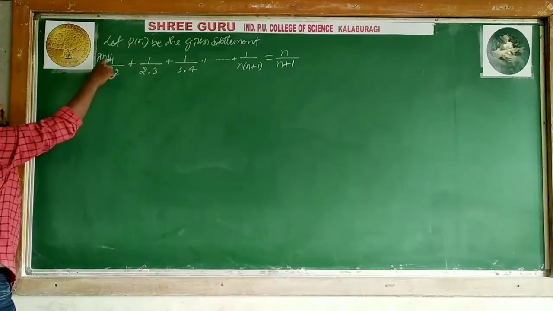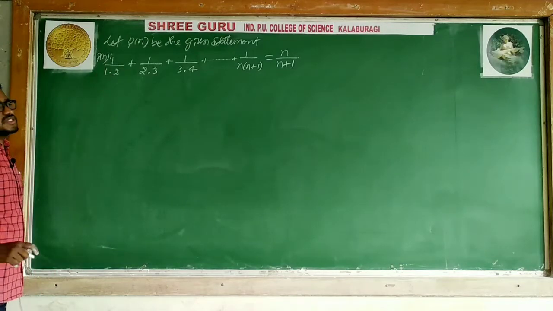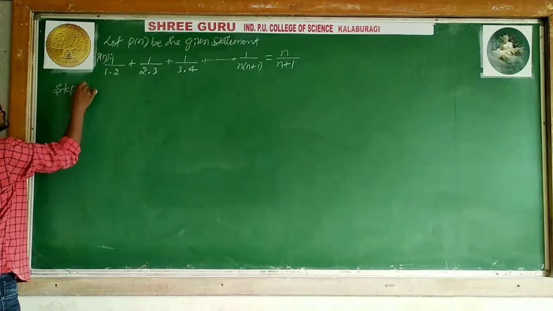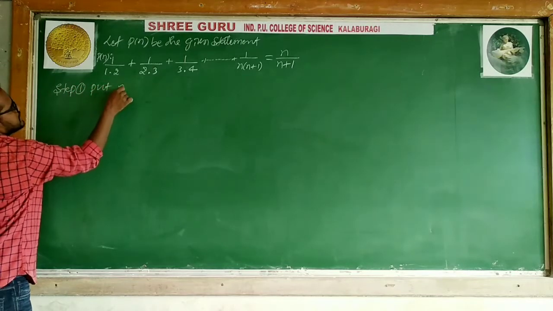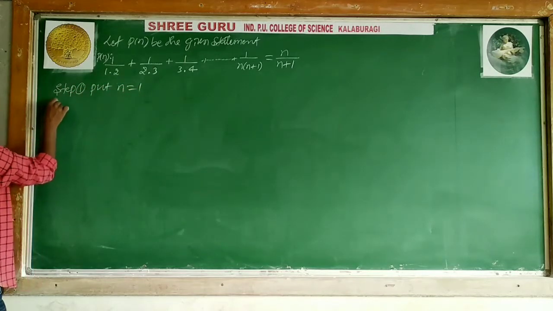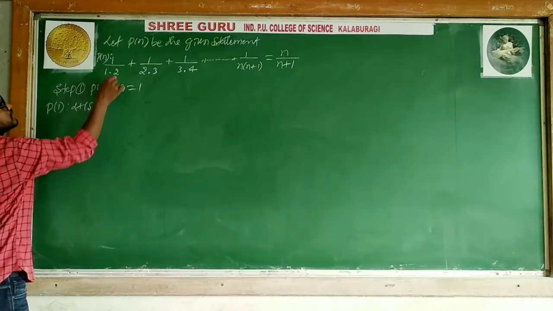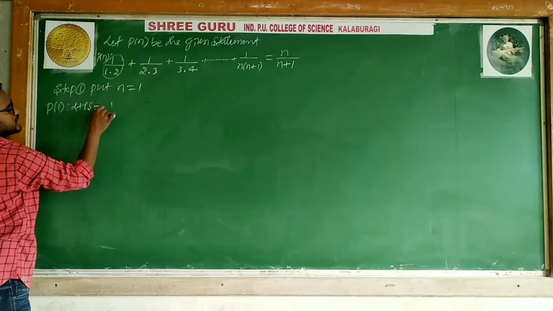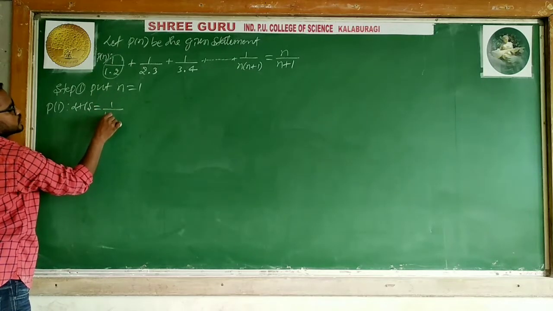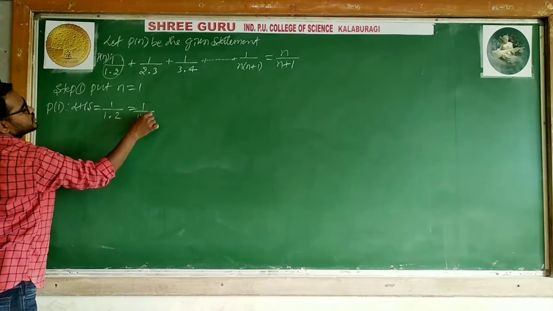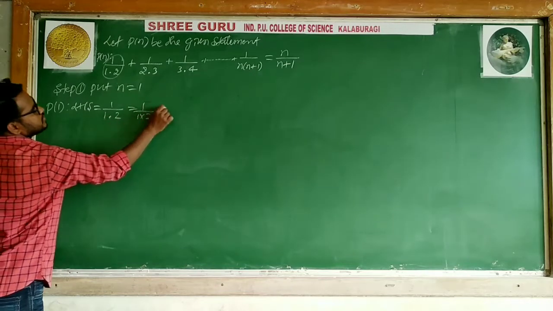What is the first term here? 1 divided by 1 into 2. So when I am taking step 1, put n is equal to 1. Then P of 1 is the first term on the LHS side. The first term is 1 divided by 1 into 2, which is 1 by 2.